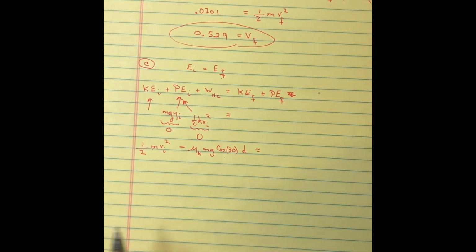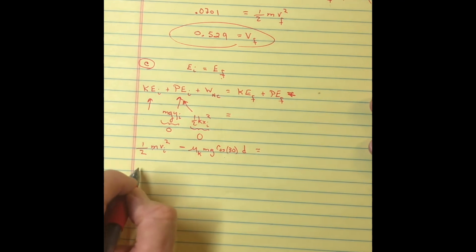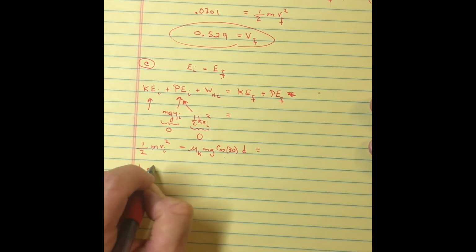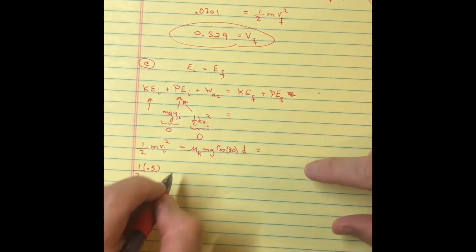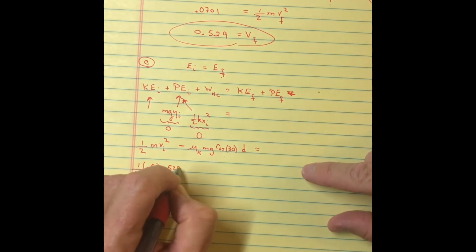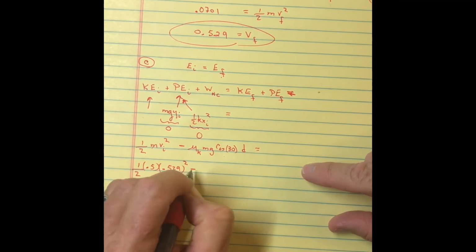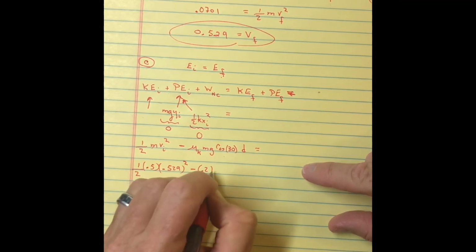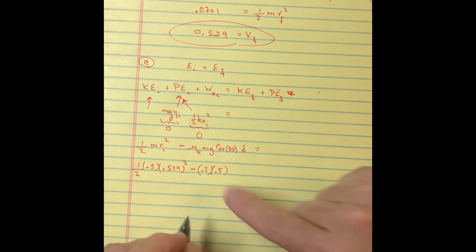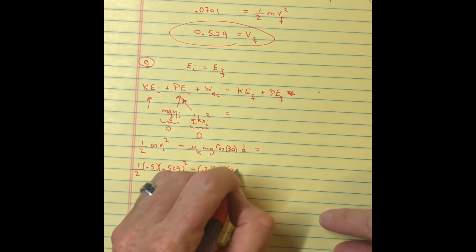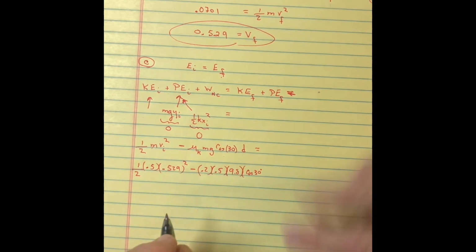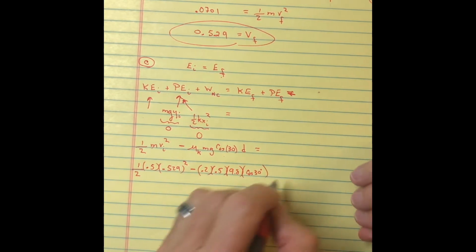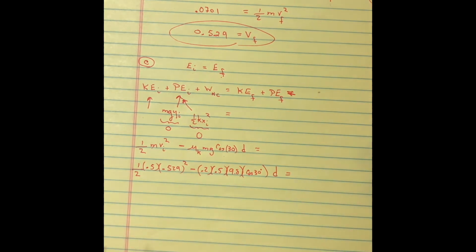And so hopefully the other things I do know, and I think I do. I'll put them in. I have a 1/2, I have a mass of 0.5, and a speed that I got earlier, 0.529, squared. And then I go minus the coefficient, which is 0.2, the mass 0.5, the g of 9.8, the cosine of 30, which is root 3 over 2, and then the unknown d.